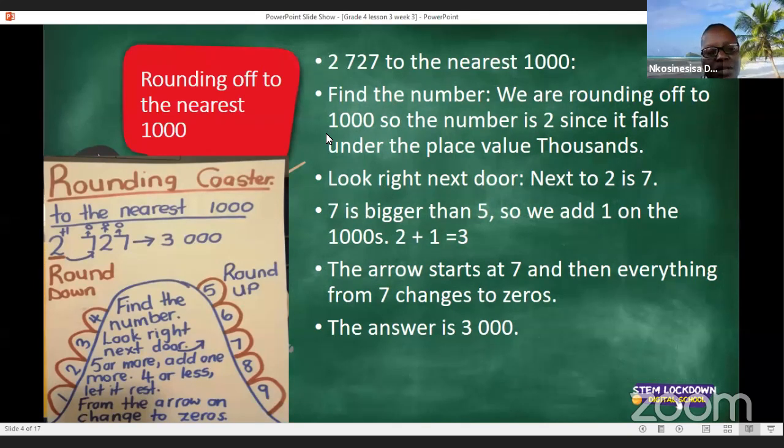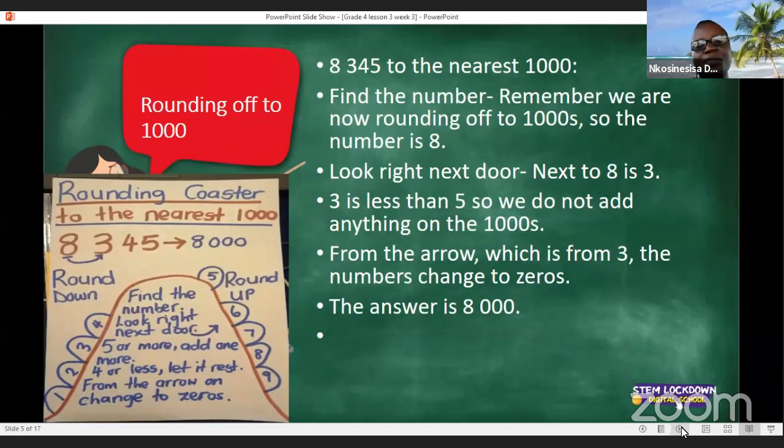So we go through the rules again. Number one says we have to find the number. Remember, we are rounding off to the nearest 1,000, so we have to find the thousands. Here is the second example. The number is 8,345.